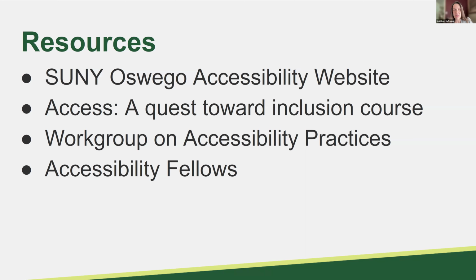I put the links to the accessibility website and the Quest Towards Inclusion course in the chat. So yeah, explore those resources or just reach directly out to Carrie, myself, Sean Moriarty is on here. Anyone who's in the work group is happy to answer questions.